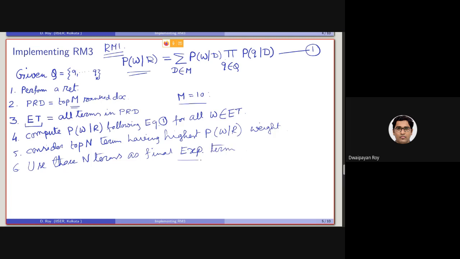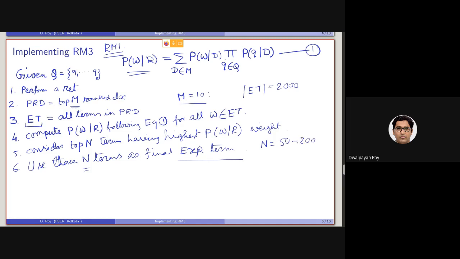As I am considering final expansion term, this can be referred to as potential expansion term. Of course, ET can be containing, in this example, say maybe 2000 different terms, and from that we'll be computing this weight for all the terms in this ET, and then we'll be choosing the top n terms where the value of n can be say 50 or say 200.